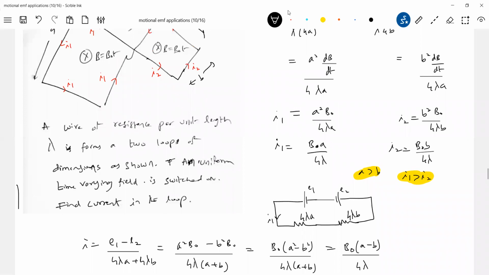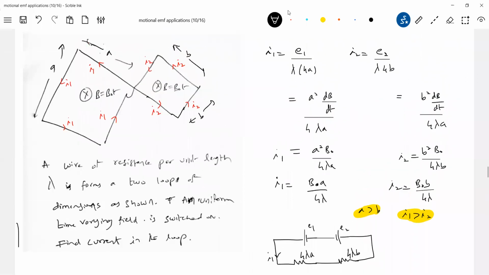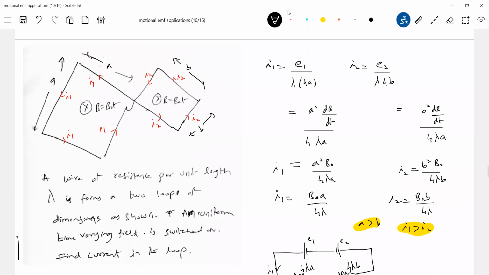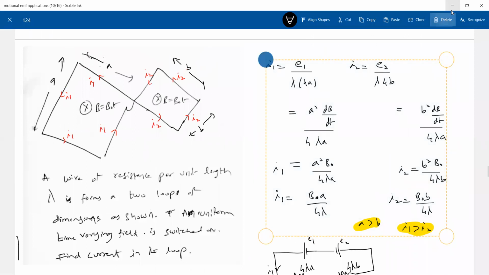You take definitely I1 greater than I2, and take the difference of that: B naught (A minus B) by 4 lambda. I suggest that if I go for more than 2 loops, then definitely somewhere it will go wrong. In some books this is given, but it is better to avoid thinking like this, because with more than 2 loops you will be in big trouble.